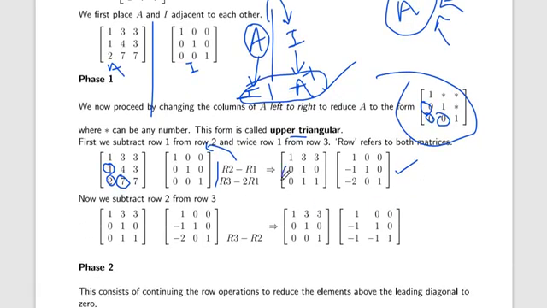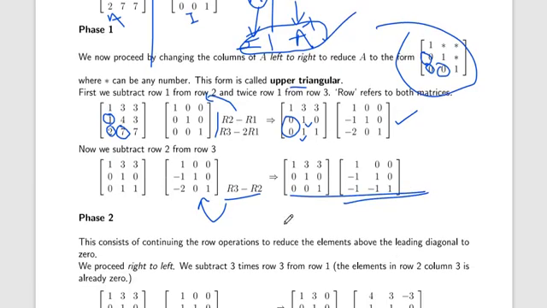Now we make the next element 0, by subtracting the second row from the third row, R3 minus R2. We apply this operation to the identity matrix also, so we get this.